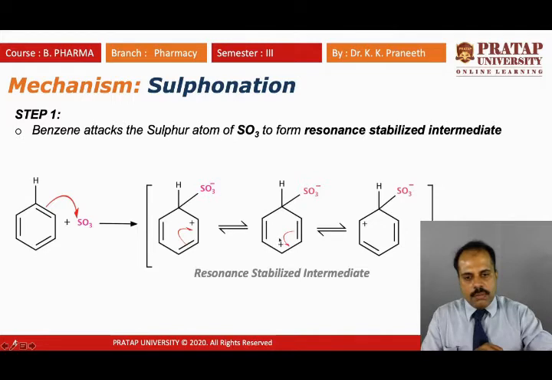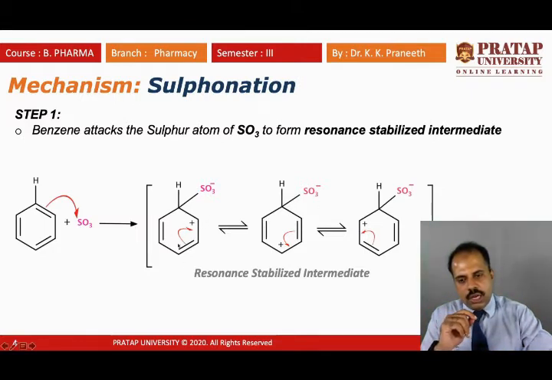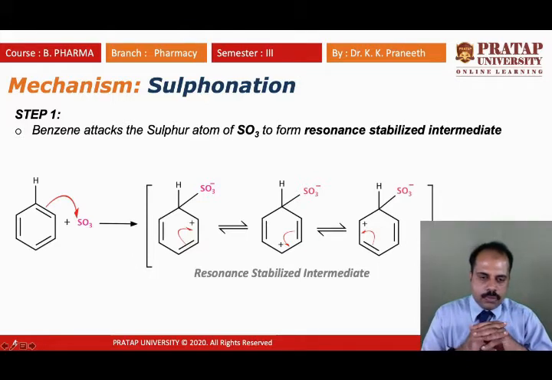Similarly, in the next step this bond moves here and the positive charge goes here, and this bond moves here and the positive charge moves here. Like that, it can go like a cycle. Basically, it stabilizes this intermediate by moving the charge around, from the negative pi electrons to the positive charge. So this intermediate gets stabilized.